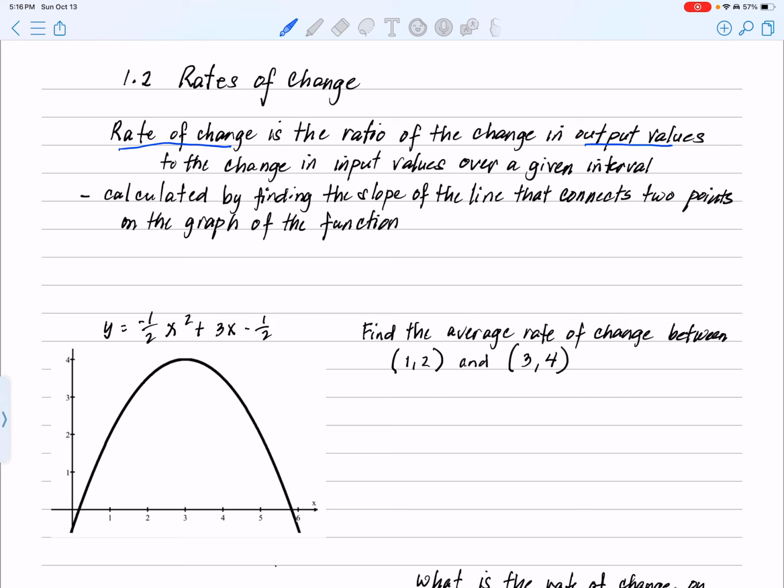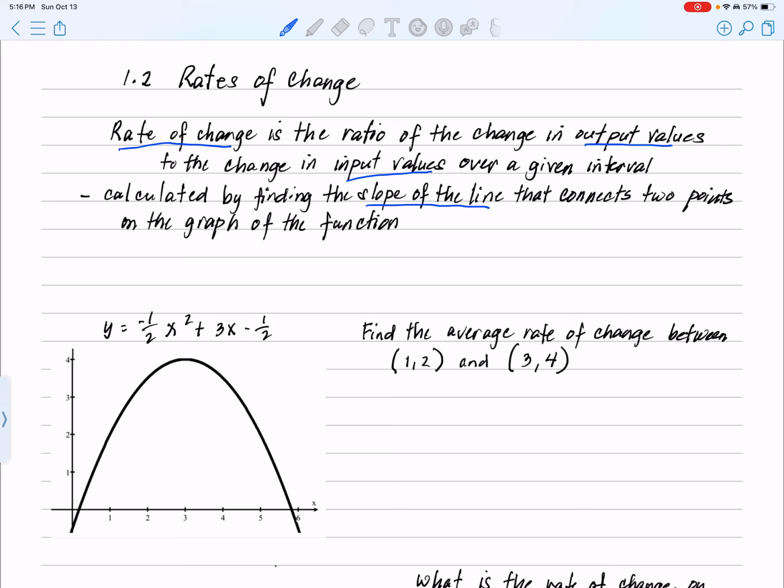In AP Precalculus, the rate of change is the ratio of change in output values to the change in the input values over a given interval. And it's calculated by finding the slope of the line that connects 2 points on the graph.